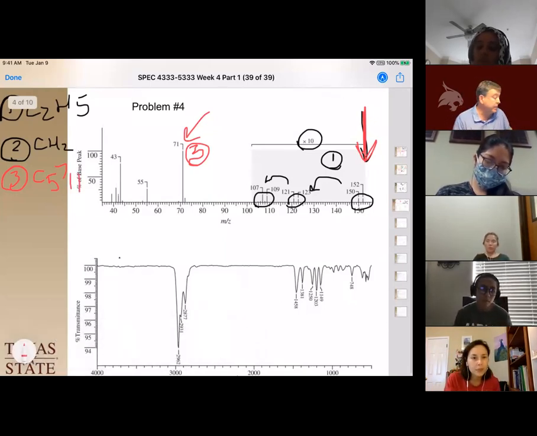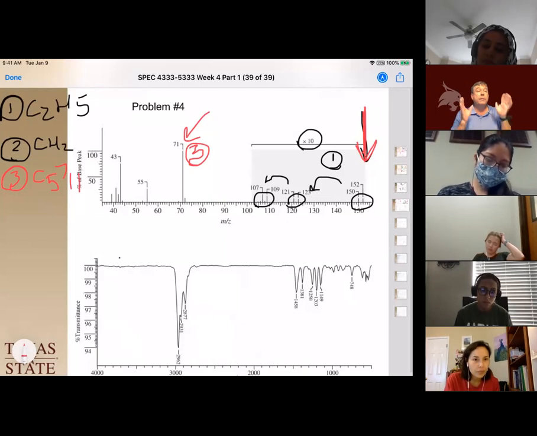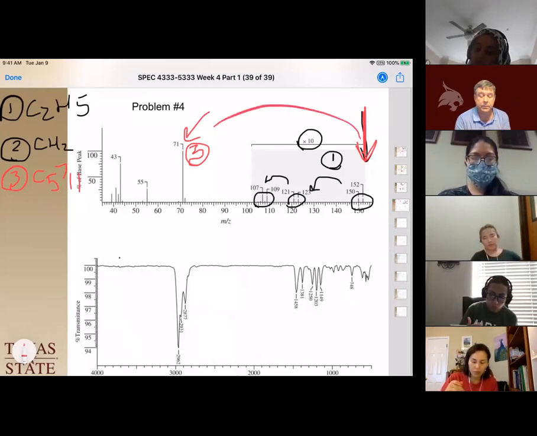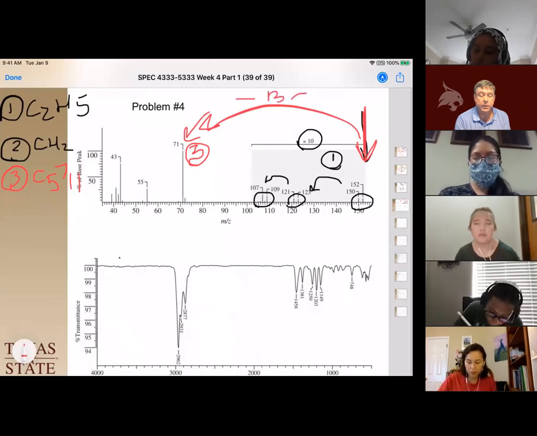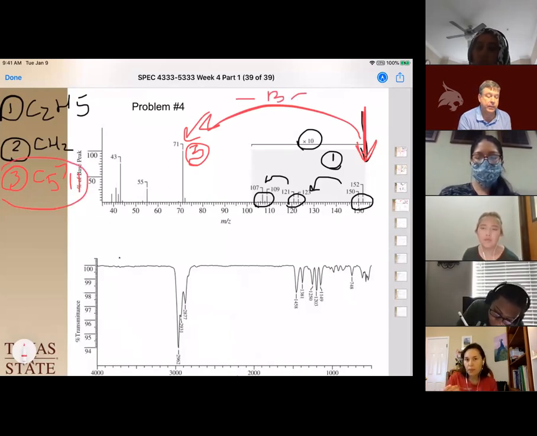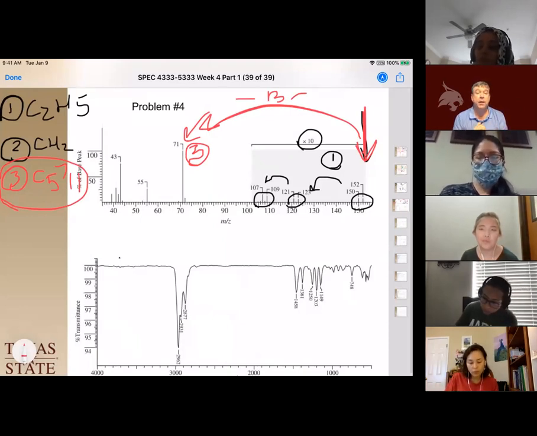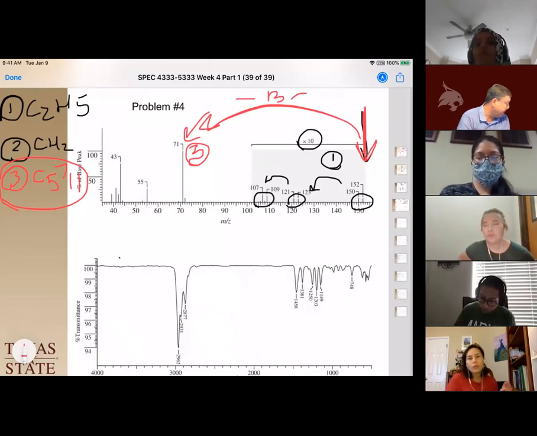Okay, so that gives us an idea of what the parent chain is, because this is just the loss of bromine, which means this should be our longest chain in our system. It should be a 5-carbon chain, our longest chain possible in our system. What's our 55?